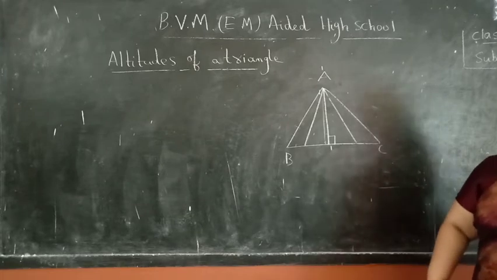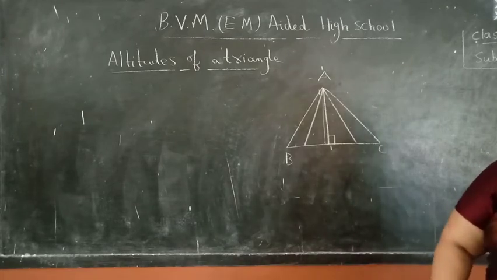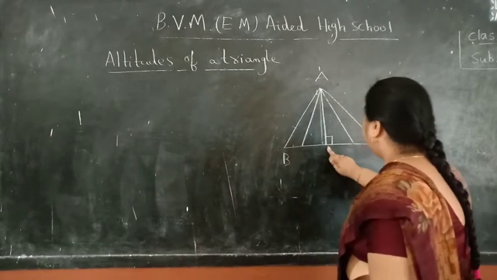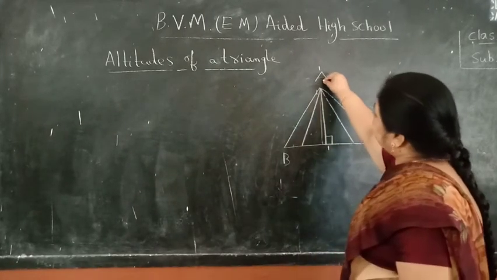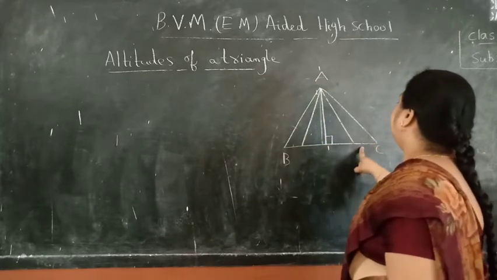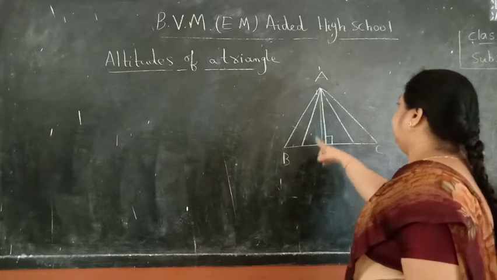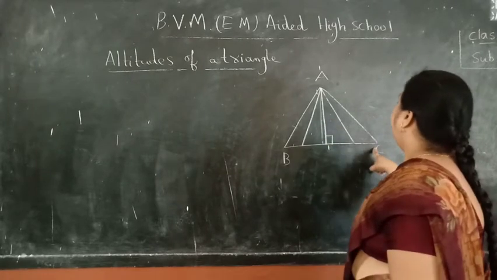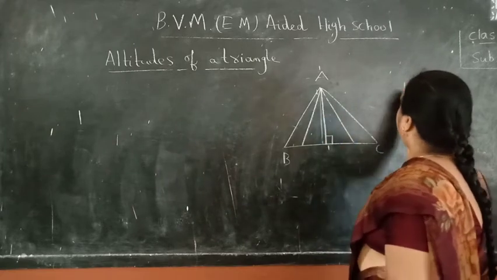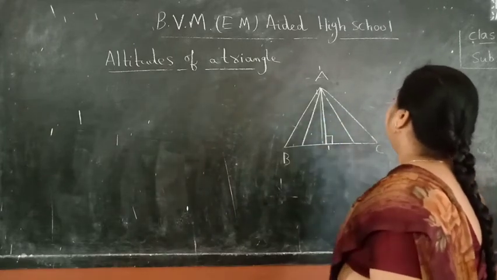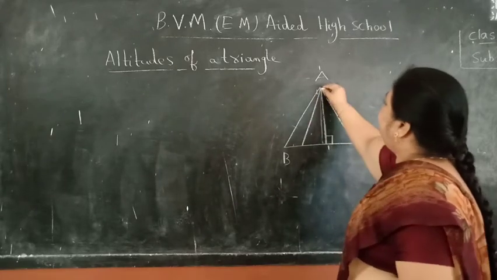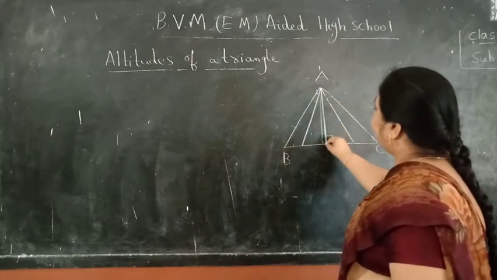Among these, you find the correct height from vertex A by drawing the perpendicular segment to the base BC. This is the perpendicular line segment, so this is the height of the triangle.